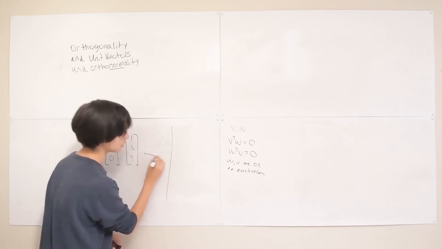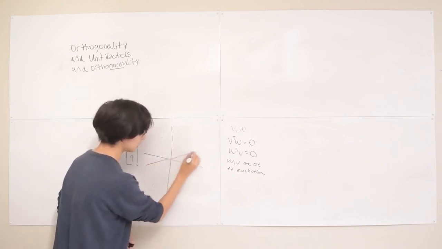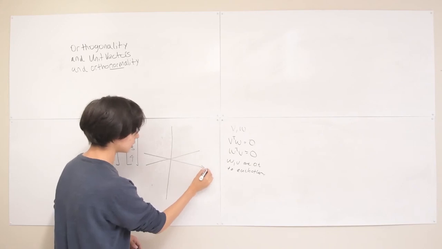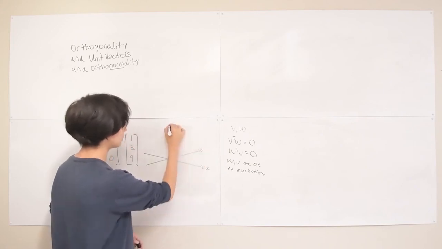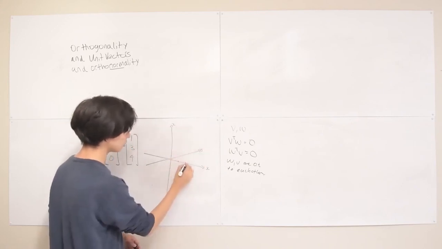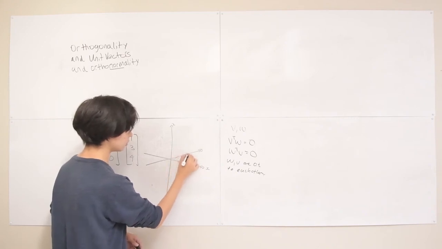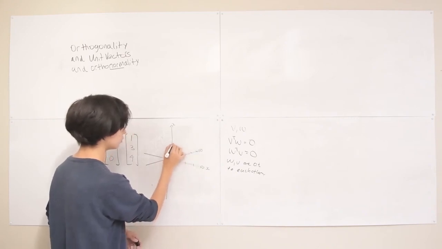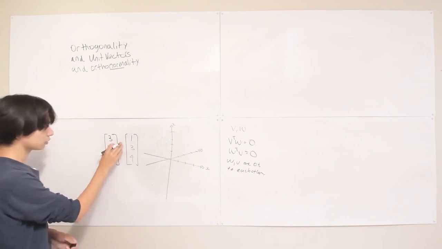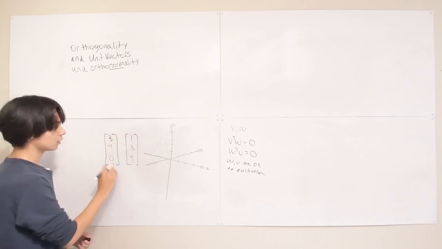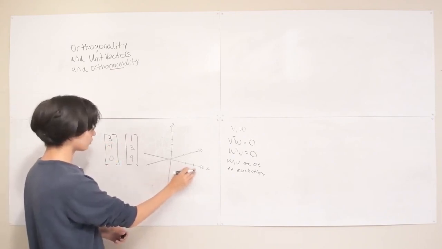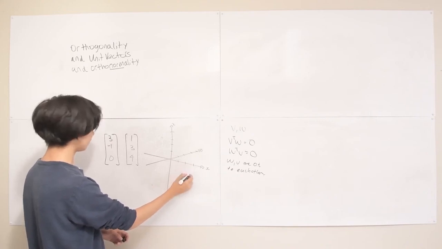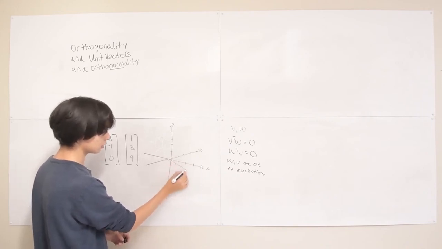Say we have these coordinate axes here. Let's say this is the x, this is the y, this is the z, and this is 1, 2, 3, 4 along each. So let's try drawing this first vector here. That's 3 along the x, minus 1 along the y, so that's kind of here, and then 0 along the z, so that's going to here, I guess.